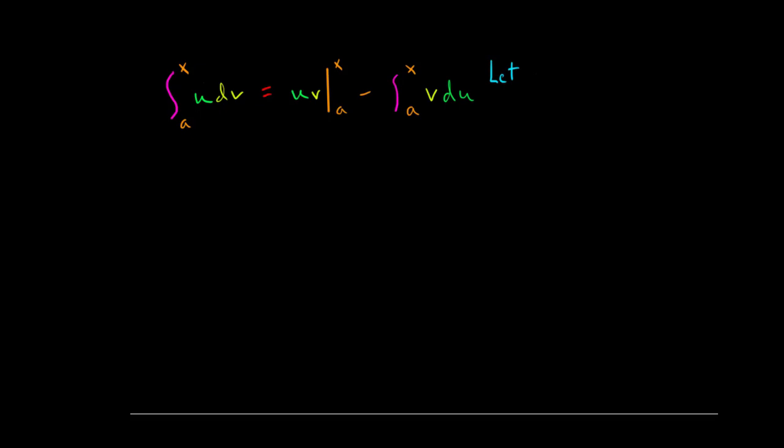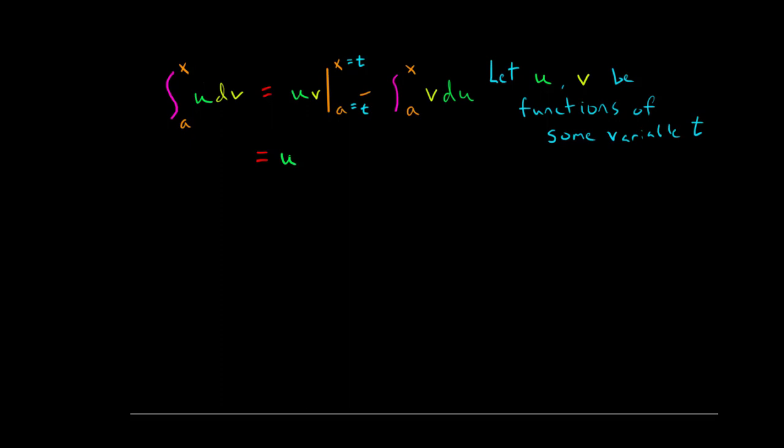So I'm going to unpack this integration by parts a little more. There's our formula. We say let u and v be functions of some variable t. And then, fleshing this out, what that means is that t takes on these two values, x and a, those boundary values.